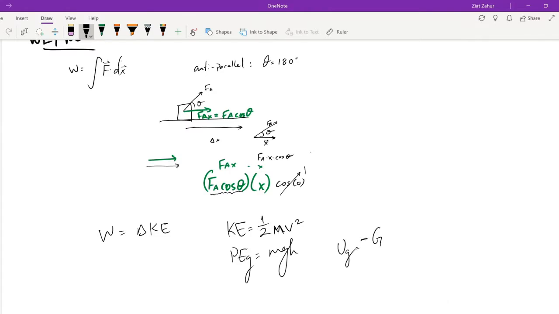Make sure you remember that Ug has a negative. Now, technically there's no gravitational unit on the AP test, but if there were a future test that incorporated all of the physics you've learned, hint, hint, hint, remember that Ug is a negative G M m2 over R. You missed the hint there.